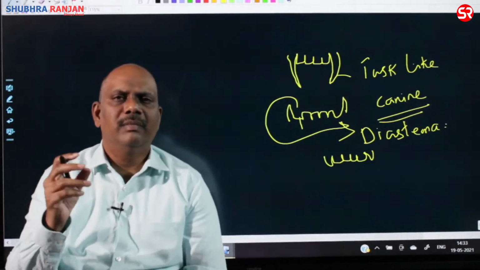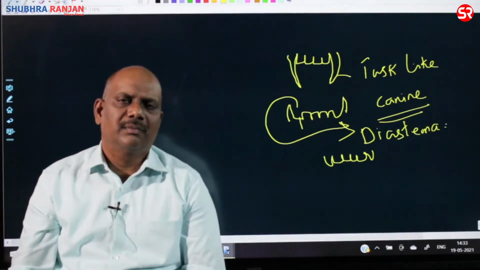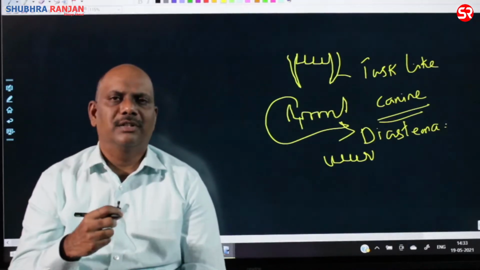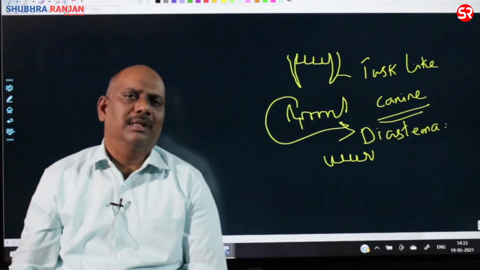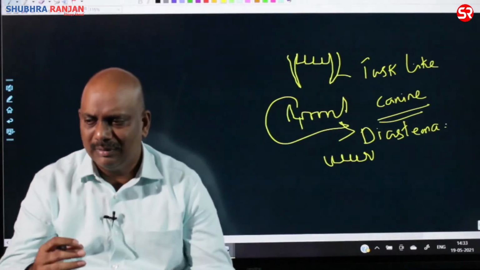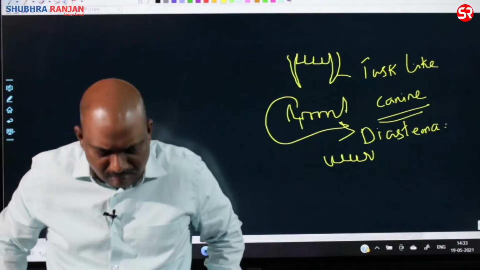Diastema refers to the opening or a gap in between teeth. Here this diastema is meant for locking the large canines. This diastema is absent in Australopithecus. Again, this is a modern and progressive character. Diastema is absent.